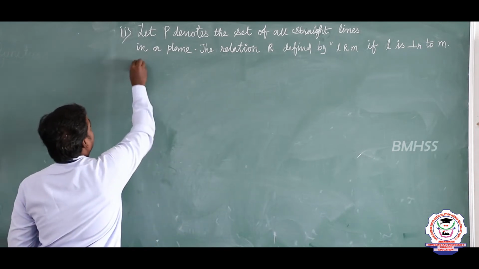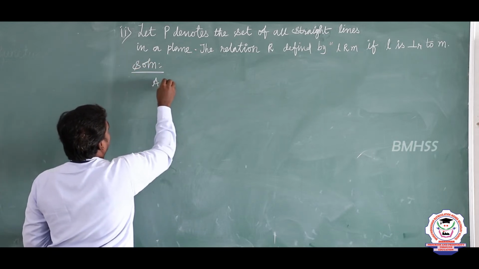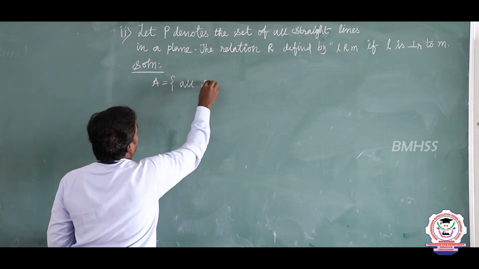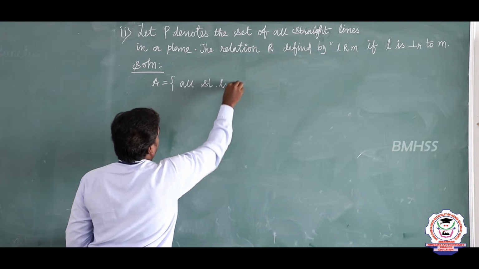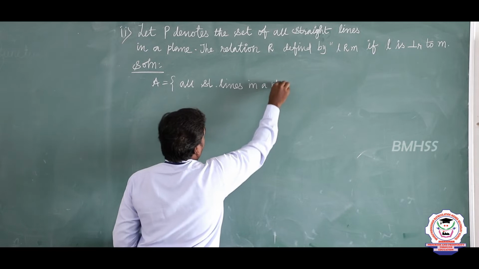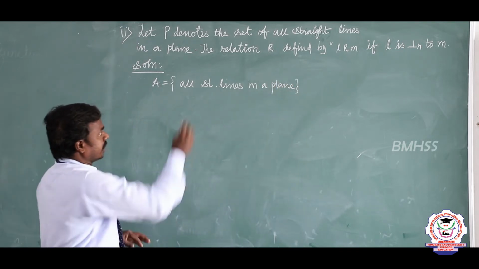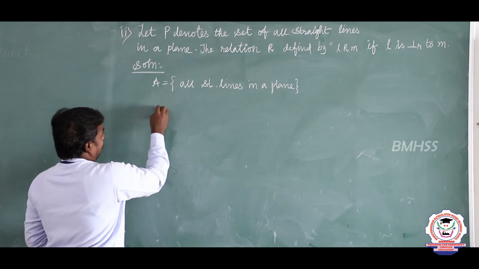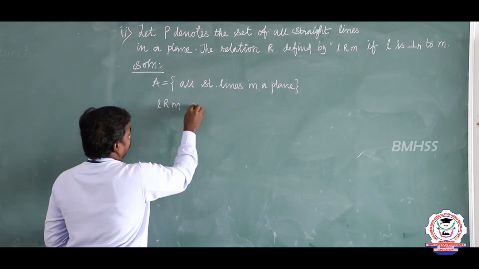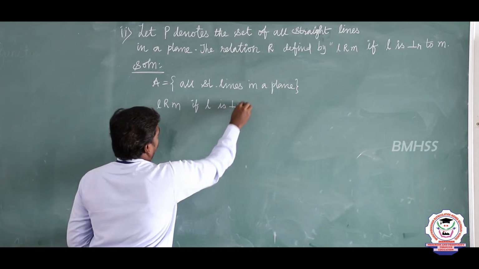So in the solution, the given set is all straight lines in a plane. From this, the given relation is L is related to M if L is perpendicular to M.